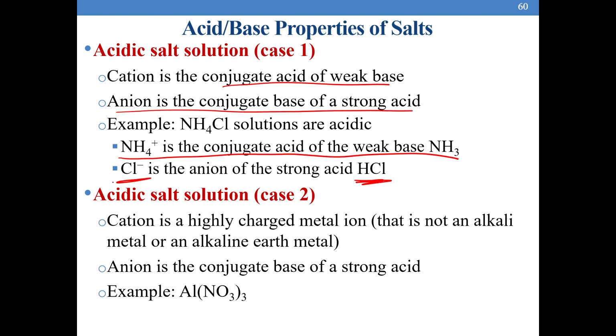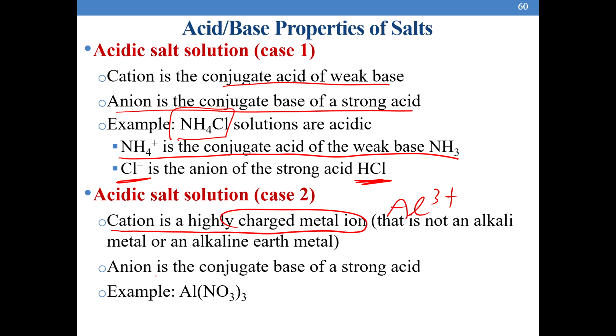You should recognize that by now, and therefore I can know that this salt, based on those rules, will produce an acidic salt solution. Case 2 has this definition here, but the only highly charged metal that you know of is aluminum 3+. That's not in group 1 or group 2.